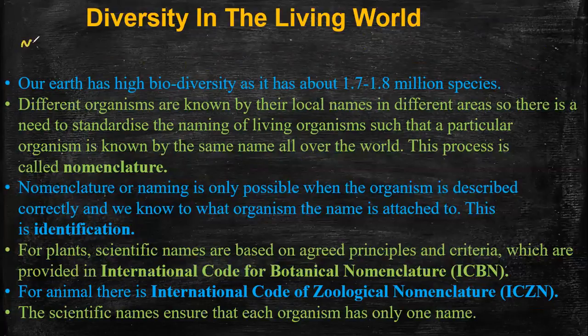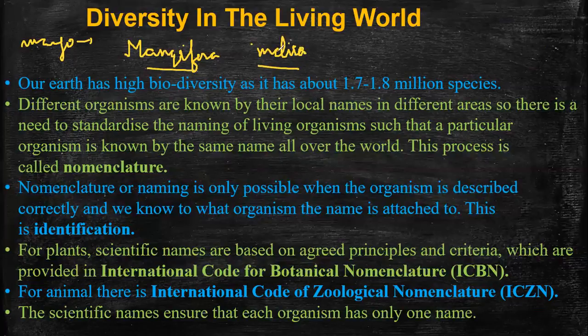For example, in the case of mango, it is Mangifera indica. All this you have learned in the very basic chapters: the scientific name should be underlined. But in this lesson you have to learn some more detail.